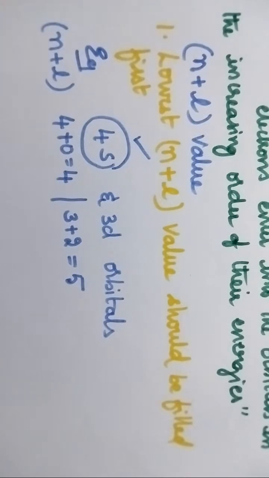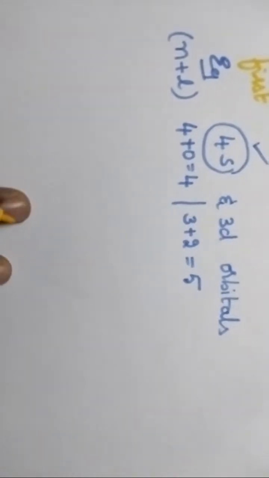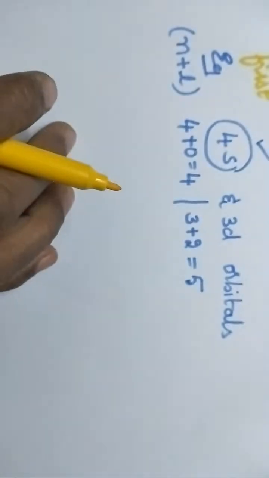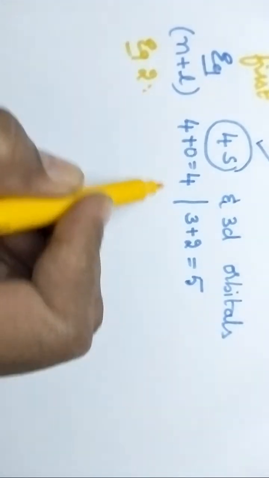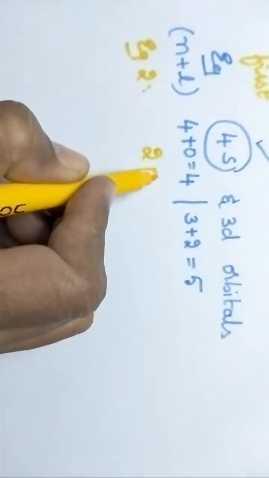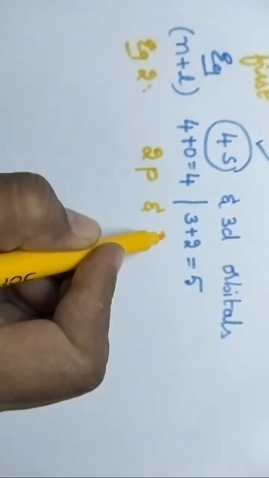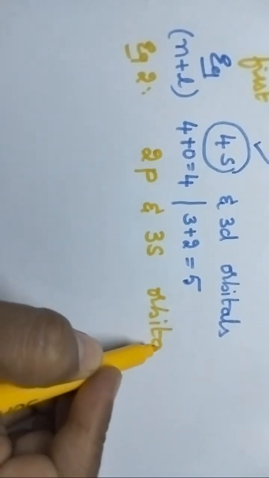Let us see one more example. Between 2p and 3s orbitals, which one should be filled first?